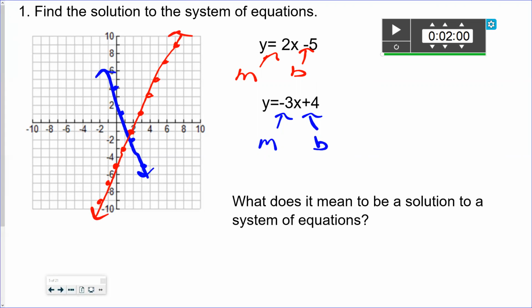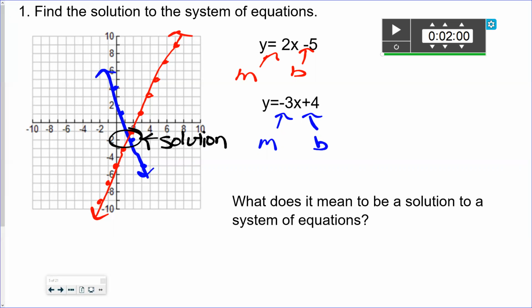Okay. Now notice it's right about there where they intersect. That is where my solution is. Okay. So we have to estimate about what the solution would be for the actual coordinate in this case. We're not going to do that right now. The point is just to be able to identify what the solution is for a system of equations.